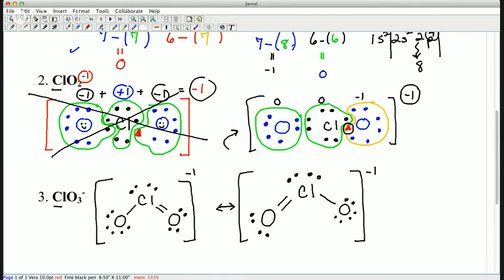The whole thing is -1. And that is the correct Lewis dot diagram for the chlorite ion. All right, a lot of fun there. And again, you had to be driven by formal charges to see what the best structure is. And this is the best structure. I've got more zeros, and the negative is on the more electronegative atom.